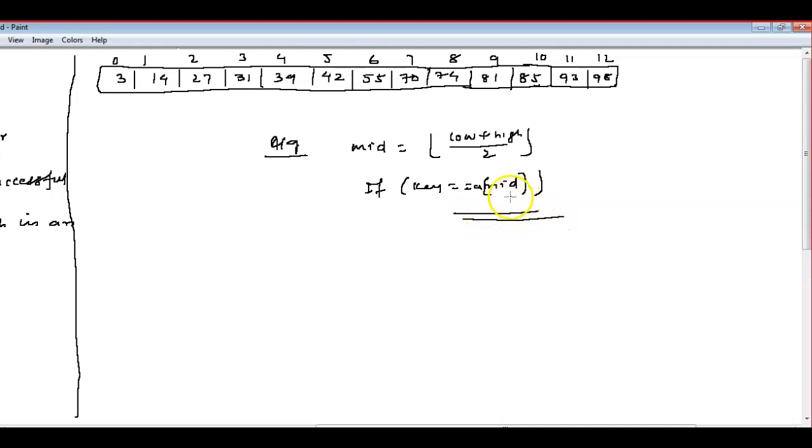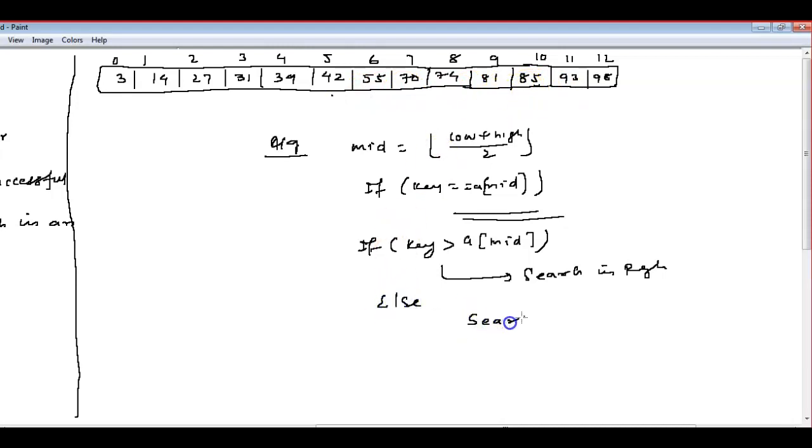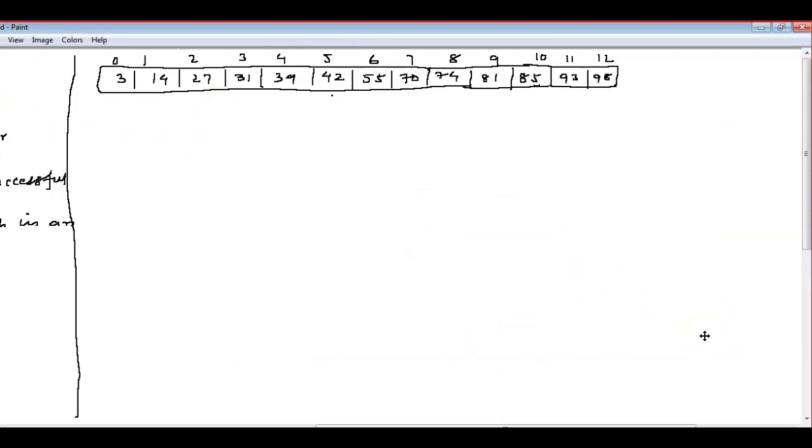Otherwise, if the key element is greater than A of mid, then you have to search on the right-hand side, because this is already in ascending order. So consider mid is 42 and we are searching for 74, it will always be the right-hand side. Else search on the left side. This is the algorithm for binary search. So first we will construct this binary tree and then we will find the successful and unsuccessful elements.